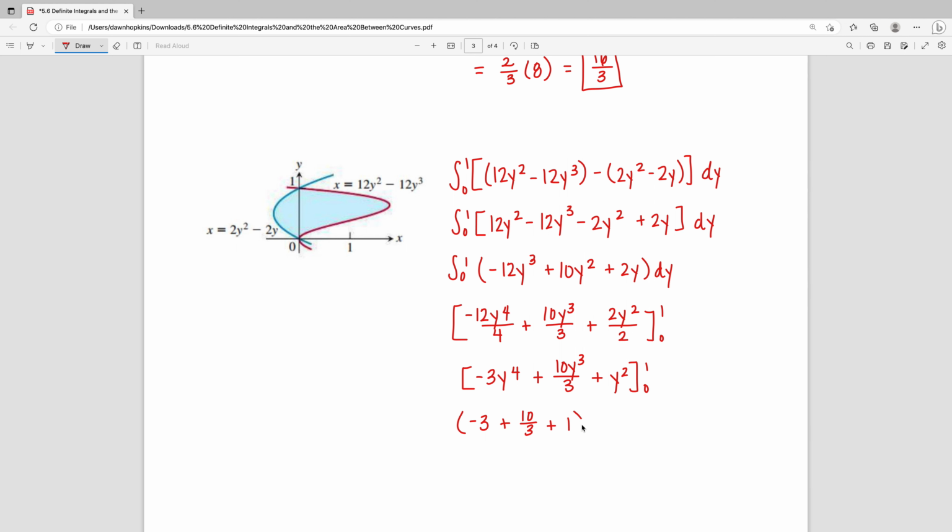When we move to the 0, plugging in a 0 for y gives me a 0 across the board, so it's just going to be minus 0. So over here, I need to have a common denominator to add, so we get negative 9/3 plus 10/3 plus 3/3, and adding together, we're going to get an area of 4/3.